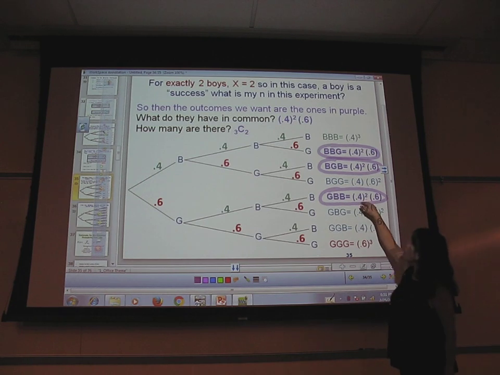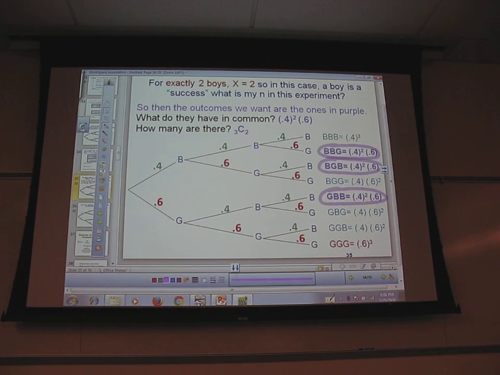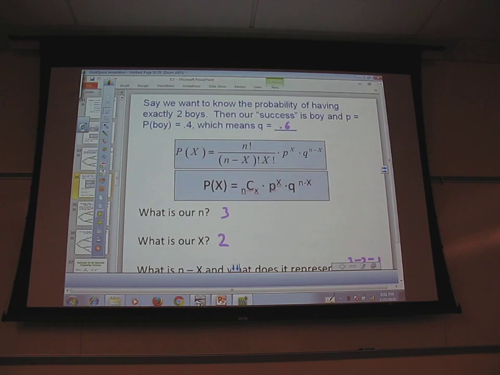So let's take a look at this part here. Where does this come from? This part here comes from my p, probability of success, to the x power. I want 2 of them. Are you guys with me? That's this part of the formula right there.